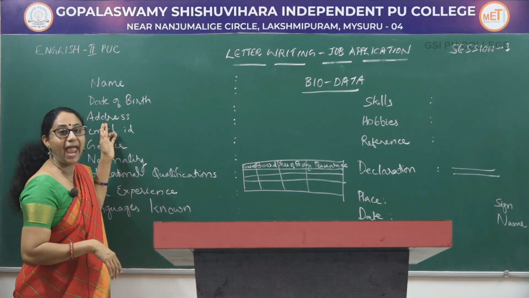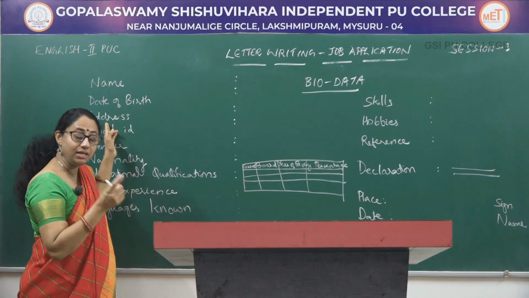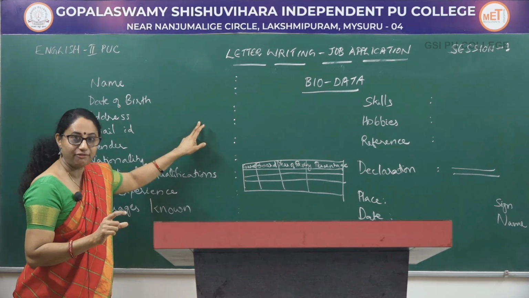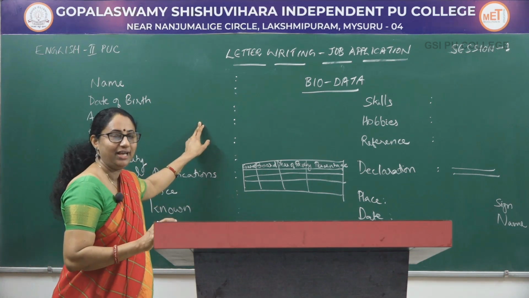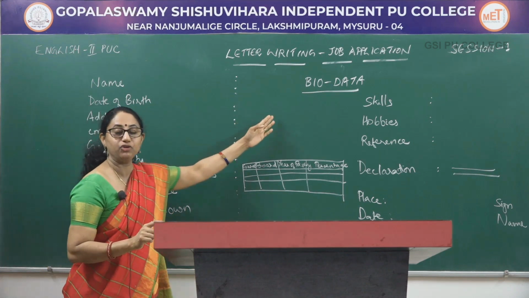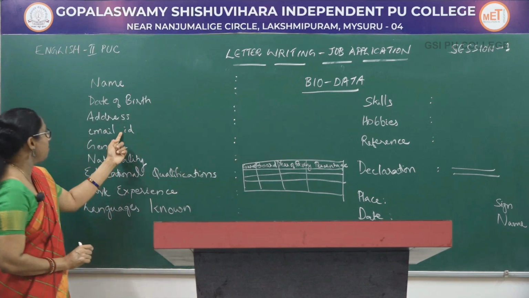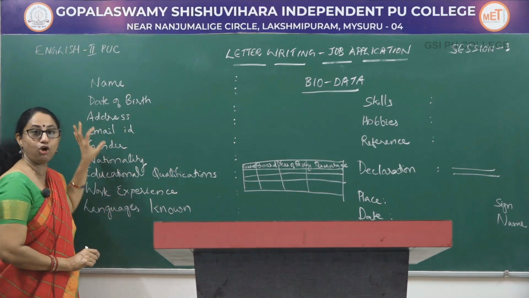Then comes the address. The address that you have mentioned in the letter should be written here also. Say for example, if you are writing YYY in the letter, that YYY can be written here if it is mentioned in the question paper. Then comes the email ID. Now along with the address you have to mention your contact number.